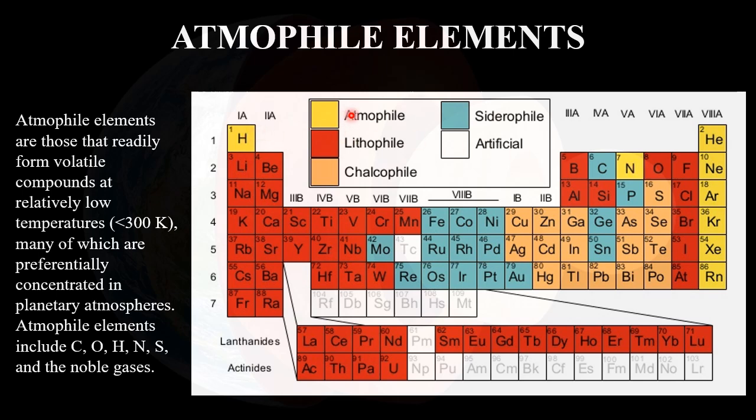So these are the main atmophile elements. I have already told you that there are elements which are included in more than one class. For example, oxygen is included in lithophiles as well as in atmophiles.